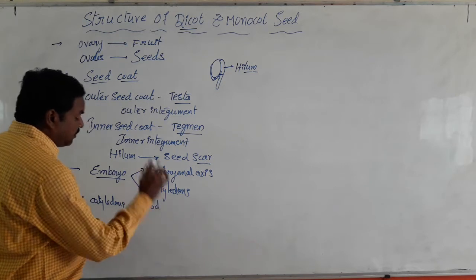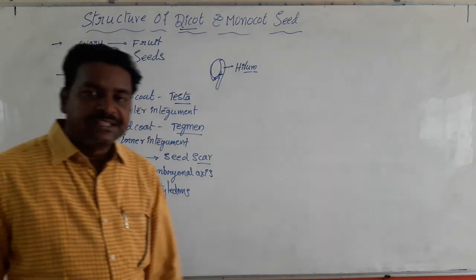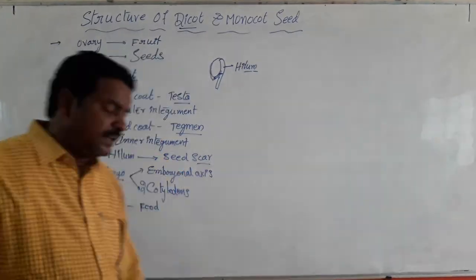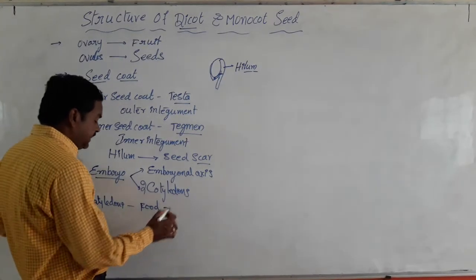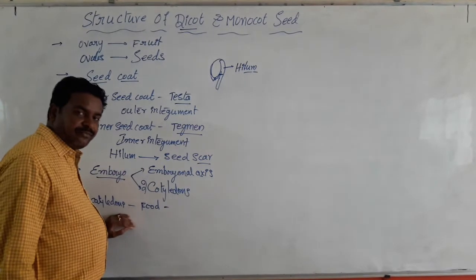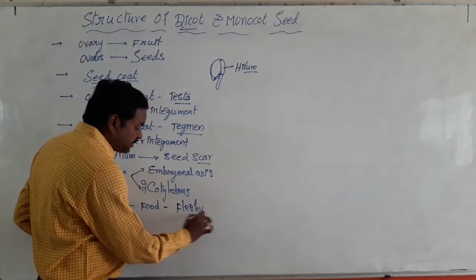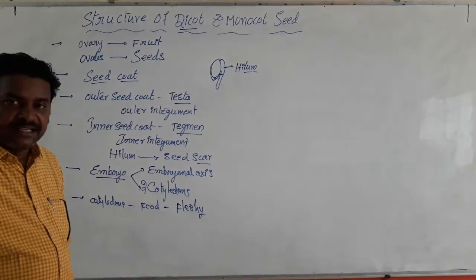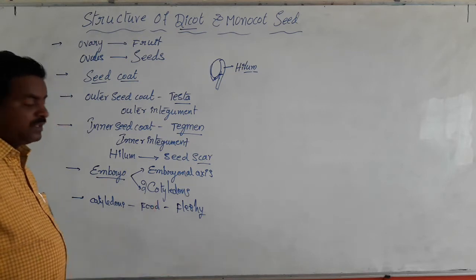They are filled with food materials. So in the case of a dicotyledonous seed, the site of reserve food material is the cotyledon, and due to this these cotyledons are fleshy.